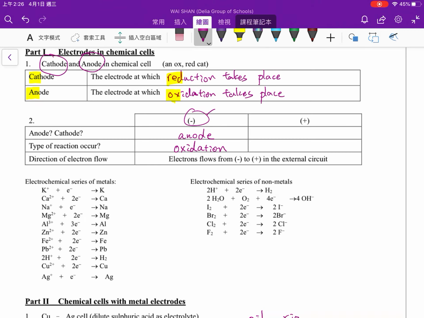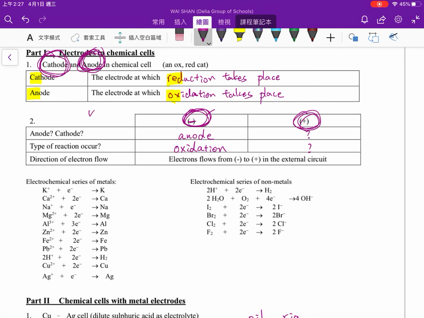And the opposite, here I'm not going to do it, so you will do it. And I highly recommend you remember the definitions of negative electrode, positive electrode, cathode and anode. Don't blindly memorize that the negative electrode equals the anode.